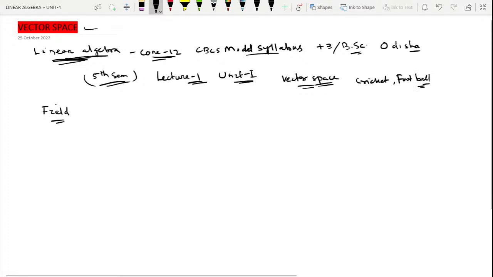Similarly, what you will study in linear algebra, like vector space, subspace, and linear transformation, everywhere you will find a field. So if you know what a field is, then we will study linear algebra easily. Now comes the definition of field.